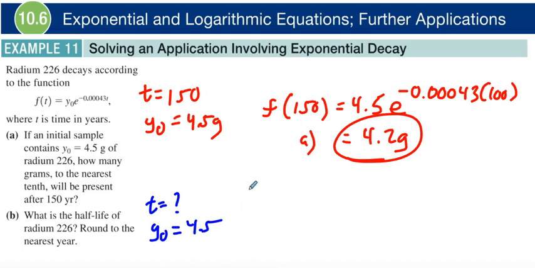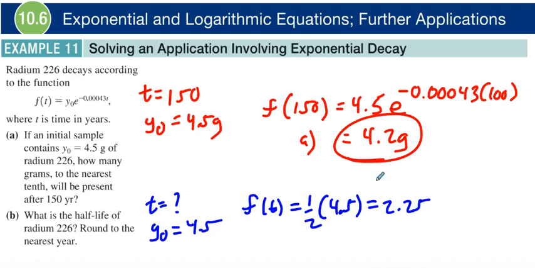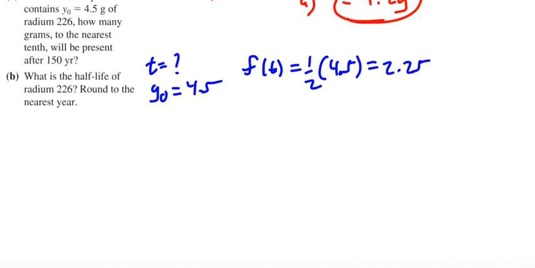We also know what f(t) is: it needs to be half of 4.5, because we want to know how long it takes to be half of that substance. So that's 2.25. We can plug in what we know and figure out what our time is.